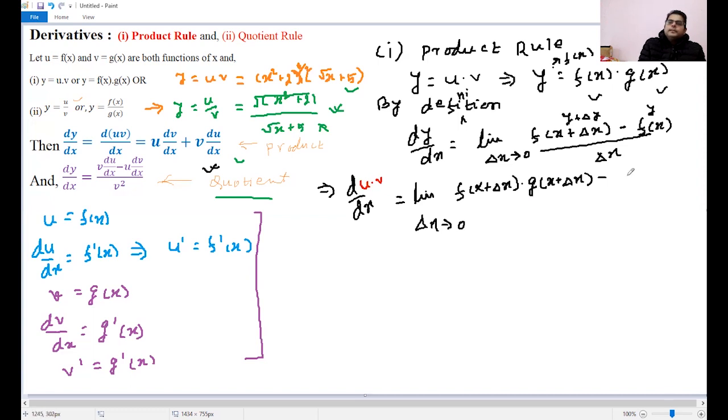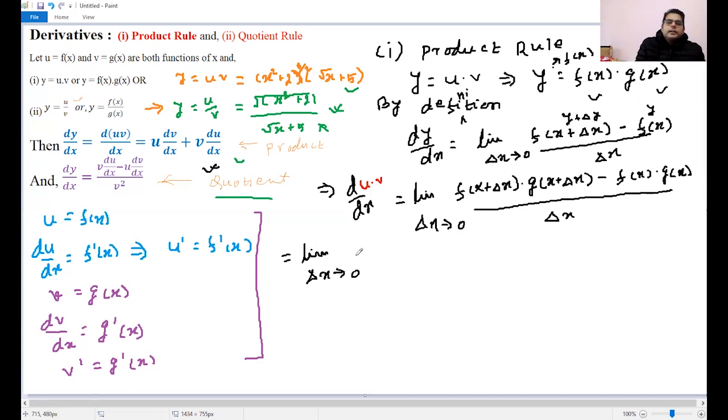Instead of writing only f(x), you have to write both f(x) and g(x), because y itself is in terms of f(x) times g(x). And then the whole thing is going to be divided by delta x. After that step, you have to adjust a bit in terms of f(x) only and in terms of g(x) only.